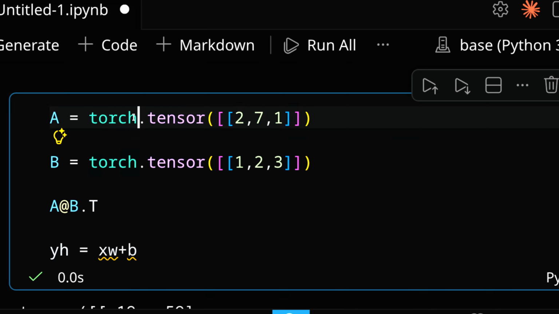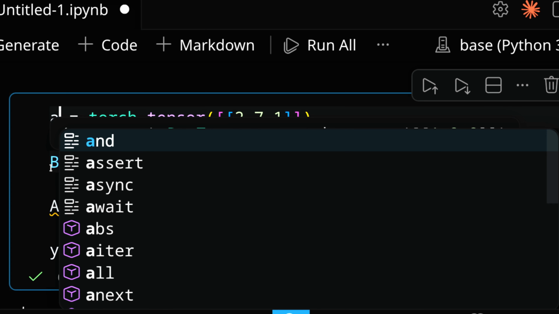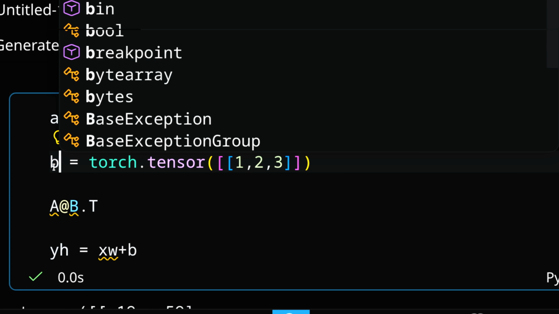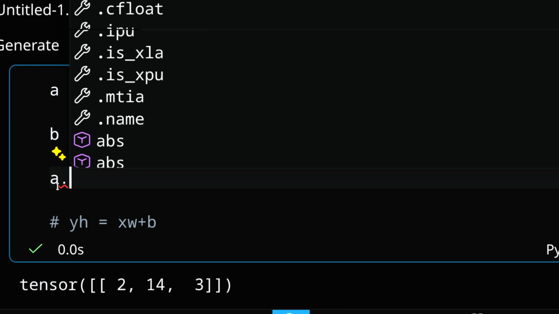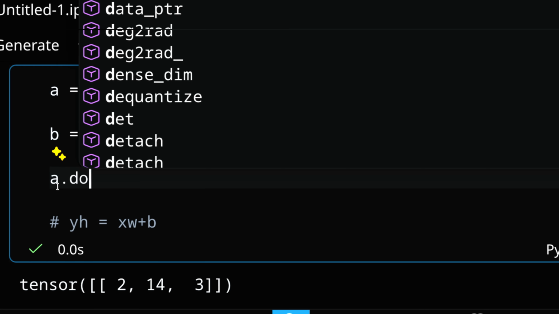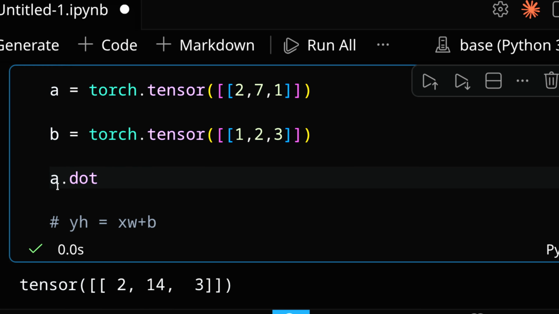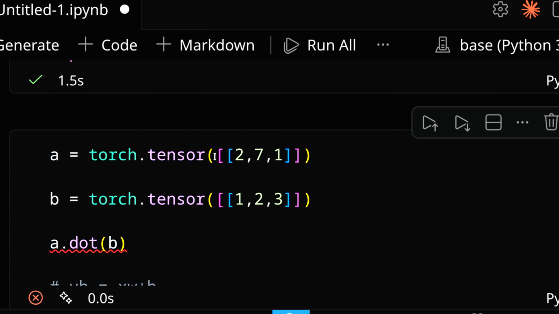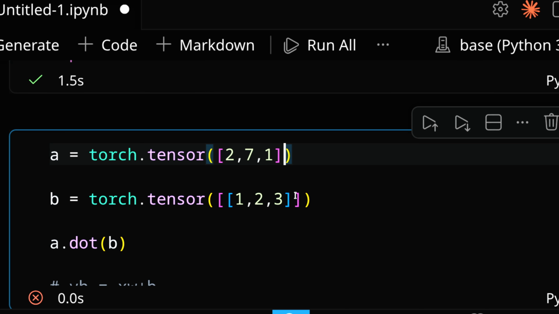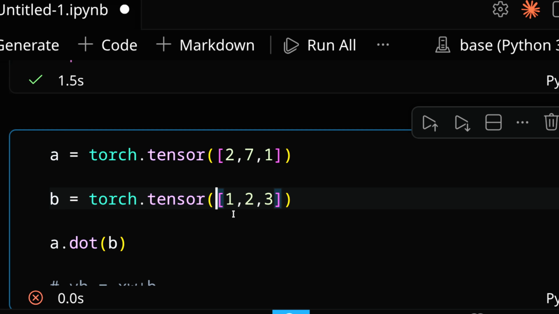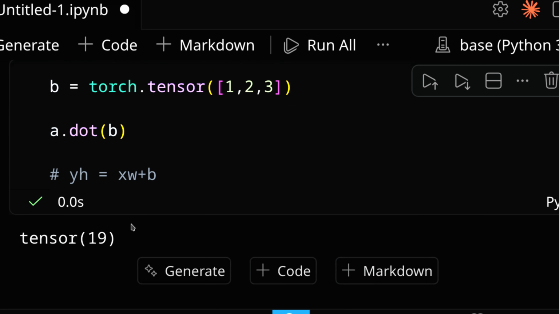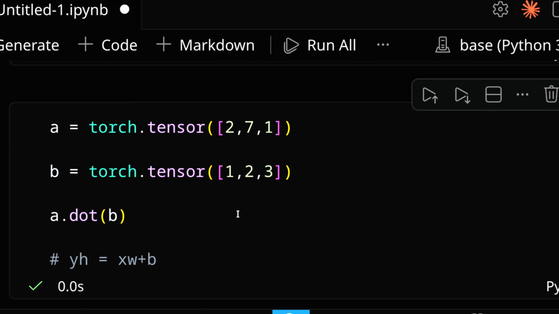That would be dot producting A and B together. By convention it's typically written in lowercase. Oh, and remove these outer brackets. Forgot about that. There. If I run it, there's the 19.